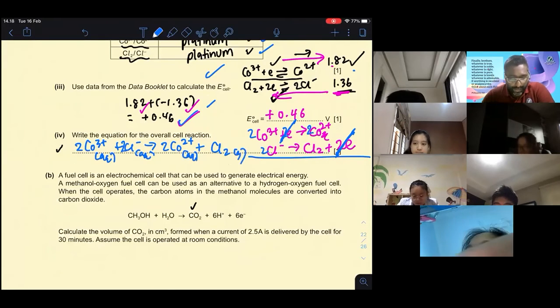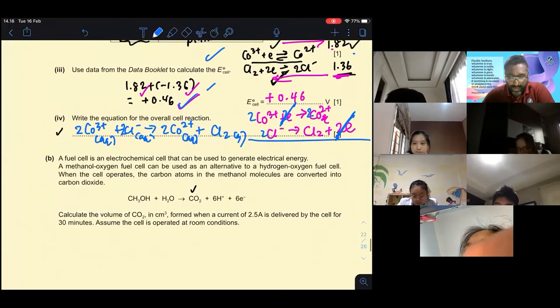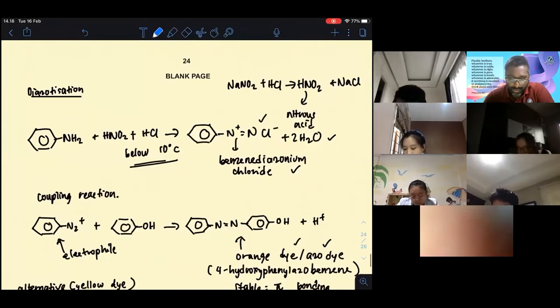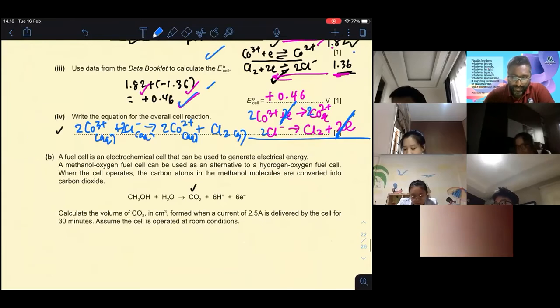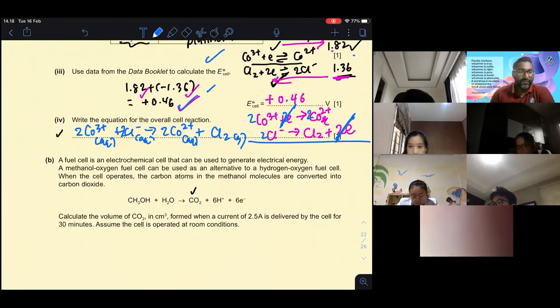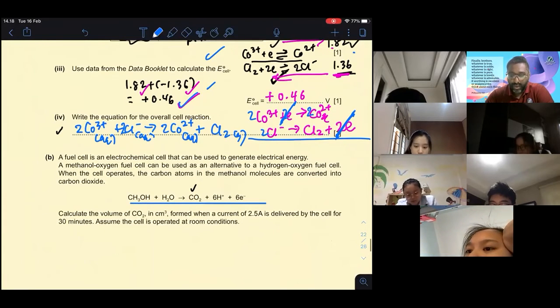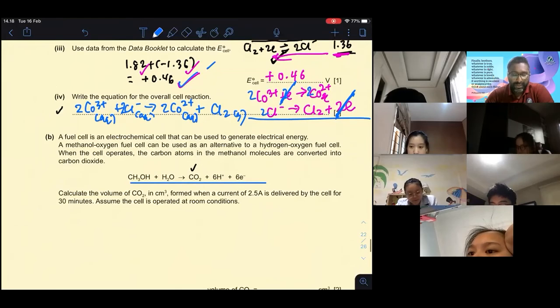Now, a fuel cell is an electrochemical cell that can be used to generate electrical energy. So you have this methanol oxygen fuel cell. They have given you this, but I think the question wants you to calculate the volume of CO2.